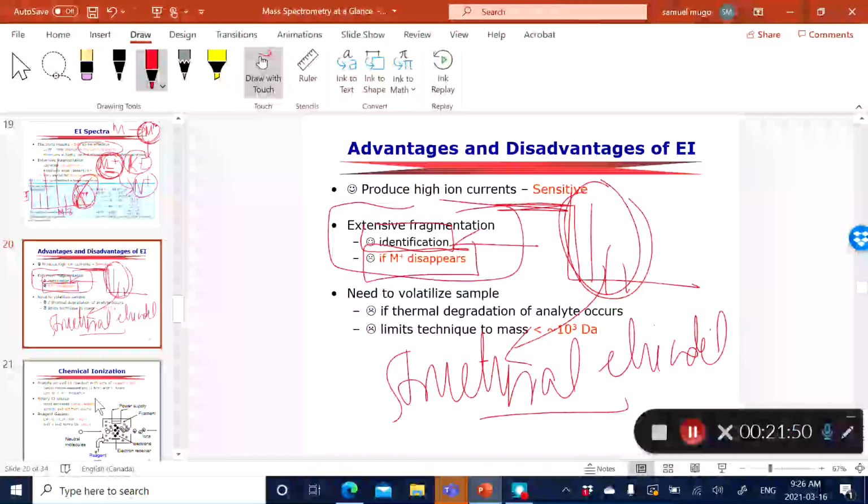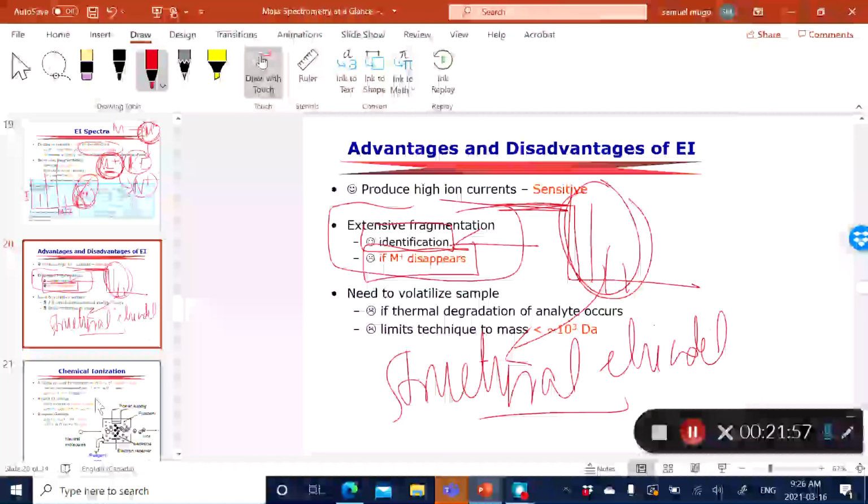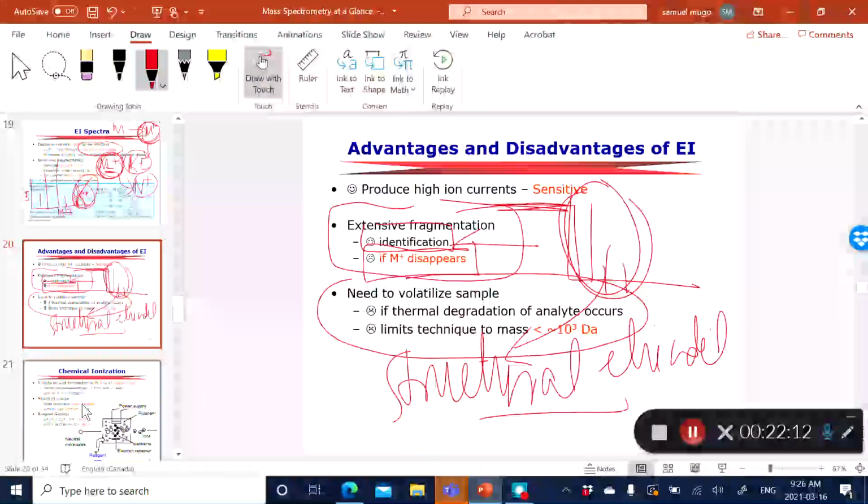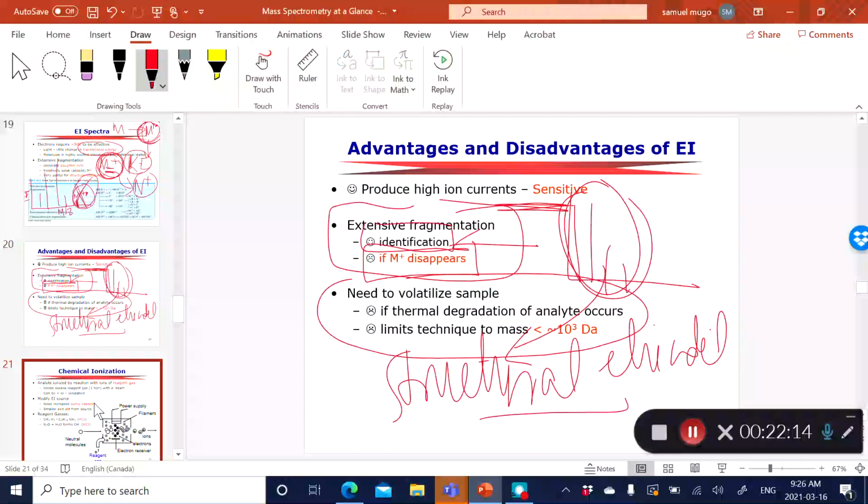If I don't know what it is, I can fragment it, put the puzzle together, and from the puzzle, I can try to determine what I was starting with. A few disadvantages also: you need the sample to be volatile. Typically, it's used for volatile samples, meaning you're fairly limited. If you've got a fairly polar compound that is not volatile, then you cannot use EI.